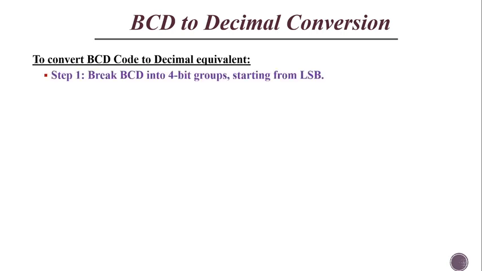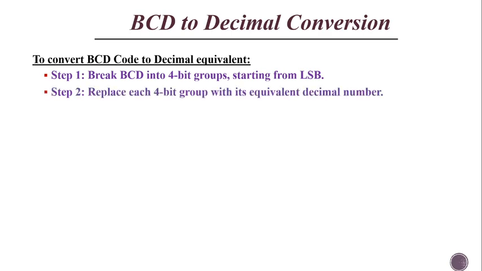So we have seen decimal to BCD conversion. Now BCD to decimal conversion. Again, it is very simple to convert BCD to a decimal number. So what we have to do? We have to break the given BCD number into 4-bit groups starting from the LSB, and then we just have to replace each 4-bit group with its equivalent decimal digit.